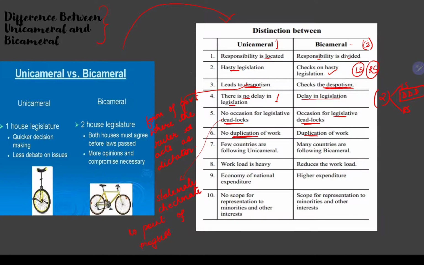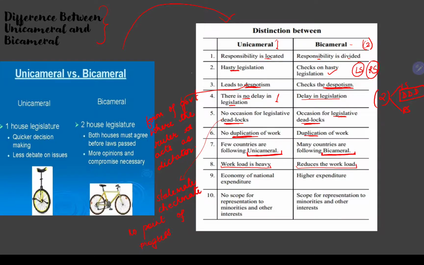Only a few countries are following unicameral, but many countries are following bicameralism, that is two houses. In unicameral, the workload is very heavy, and in bicameralism, the workload is reduced.